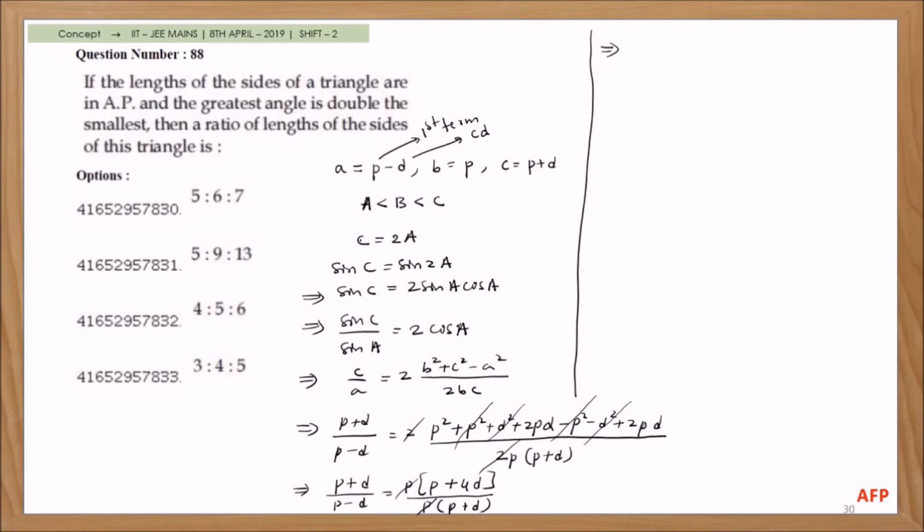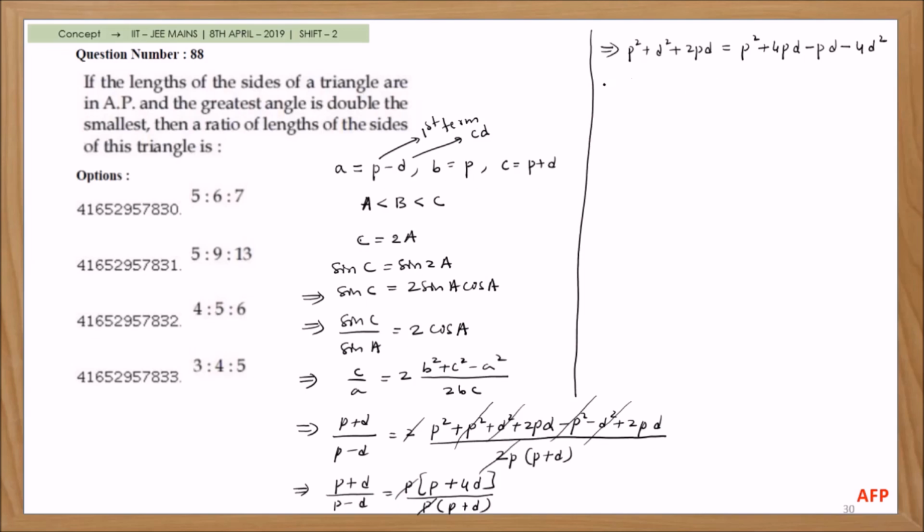If I cross multiply, I get p square plus d square plus 2 times pd on one side, and on the other side p square plus 4pd minus pd minus 4d square.